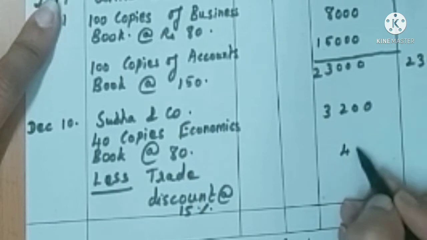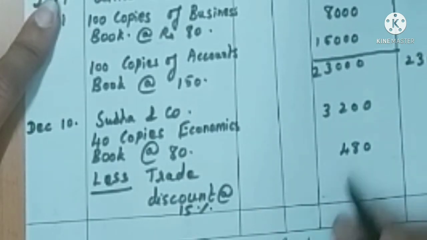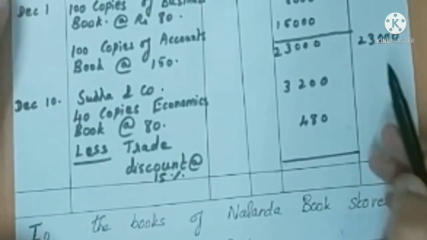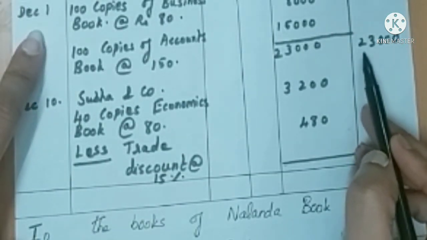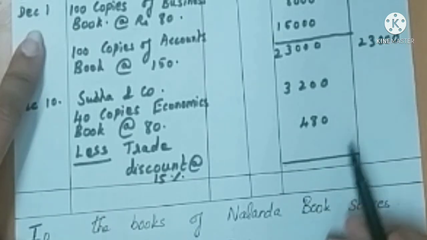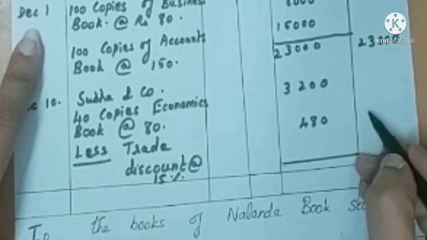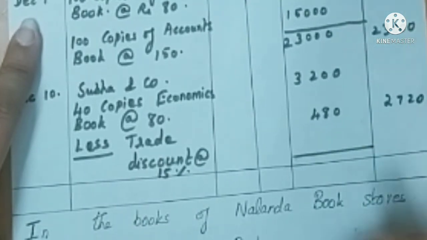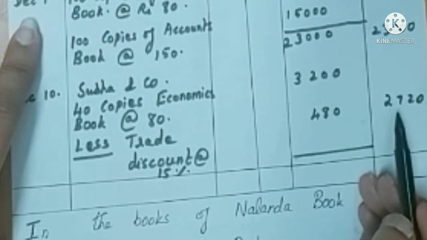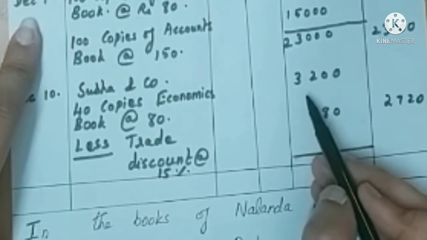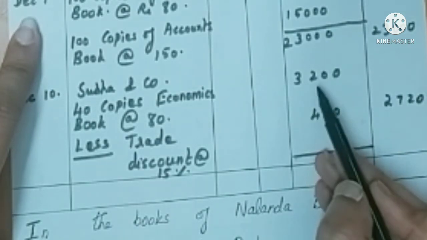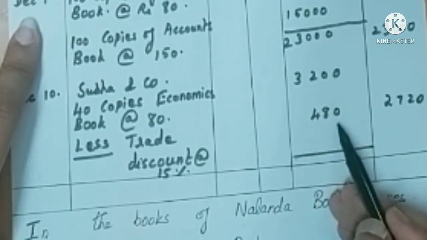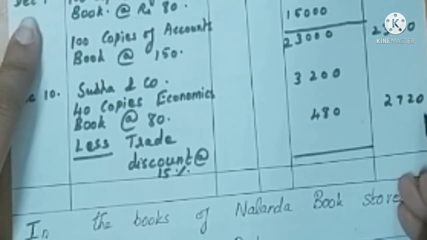So less 480. So what we get now? 2,720. That is, we get this 2,720 after deducting 480 from 3,200. So 3,200 minus 480 is 2,720.